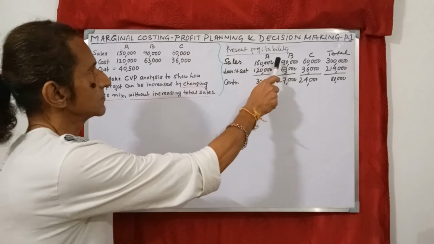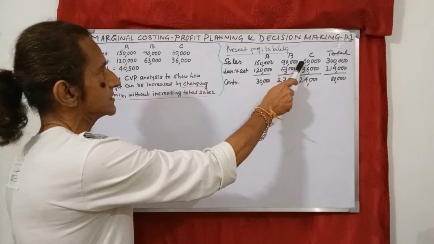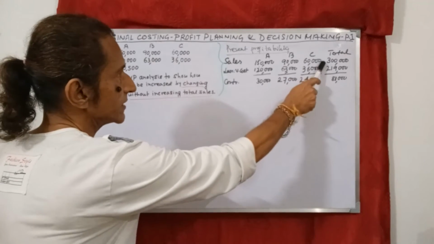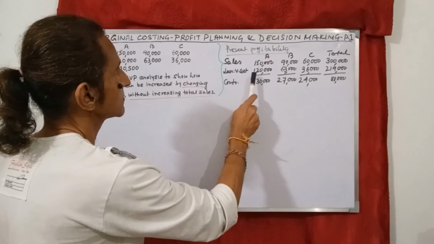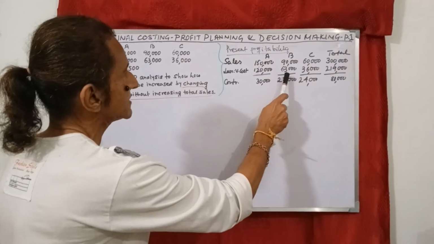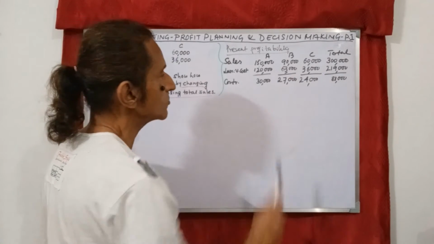These are the sales of the three products: 150,000, 90,000 and 60,000, totaling 300,000. These are the variable costs of the three products: 120,000, 63,000 and 36,000, totaling 219,000.